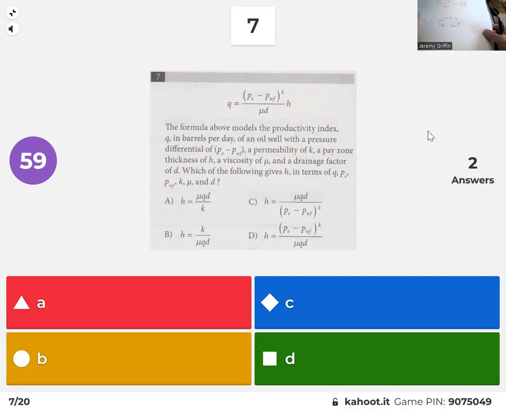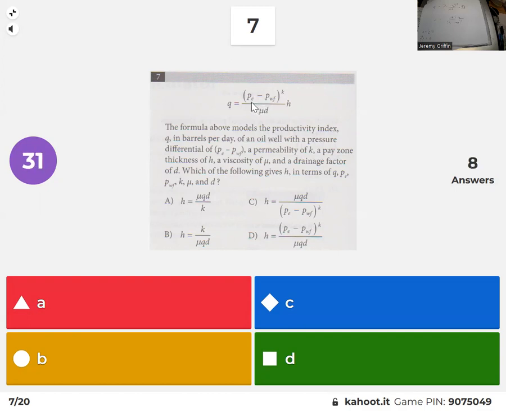You guys see the answer can't be A or B because it doesn't even have the pressure differential in it. So it's got to be one of these.